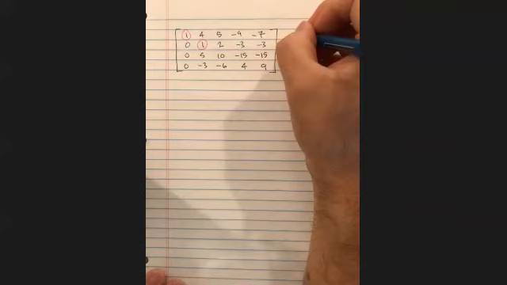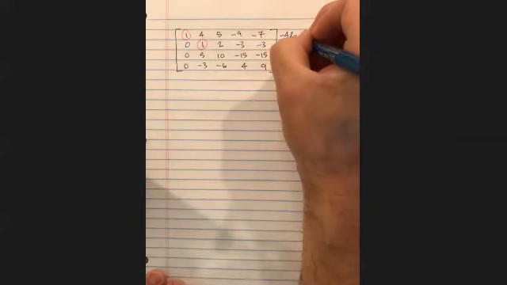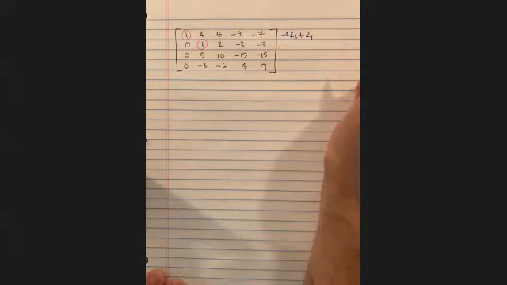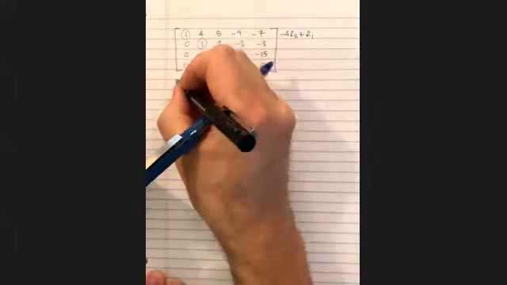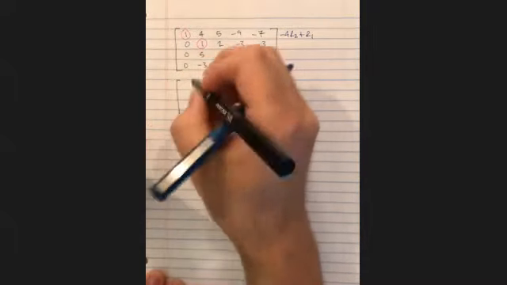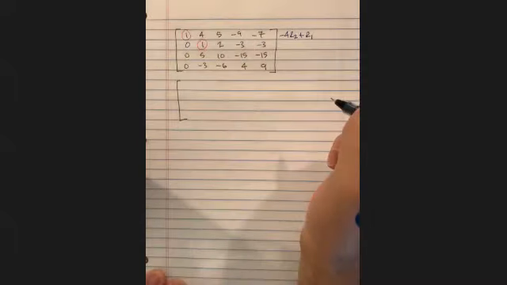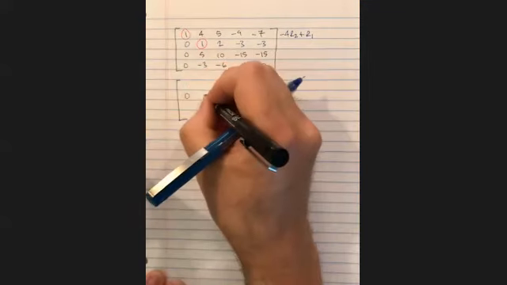Now that I've got a 1 in the column, I'm going to use that 1 to zero out the rest of the column. So I'm going to do a bunch of stuff. I'm going to do first row. To get a 0 where this 4 is, I'll have to take -4 times row 2 and add it to row 1. So my second row, I'm going to write my second row now because it's not going to change.